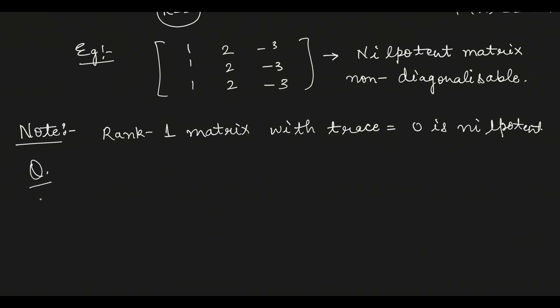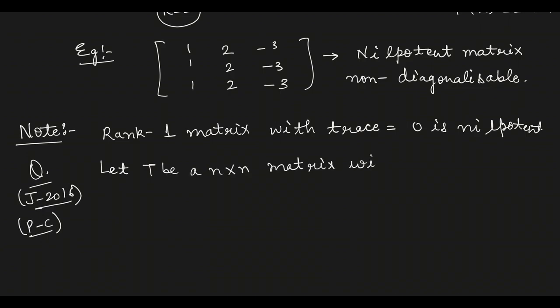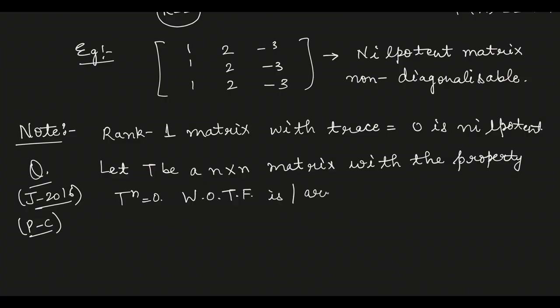Next question. Let T be an n cross n matrix with the property T to the power n is equal to 0. Which of the following is true? First, T has n distinct eigenvalues.